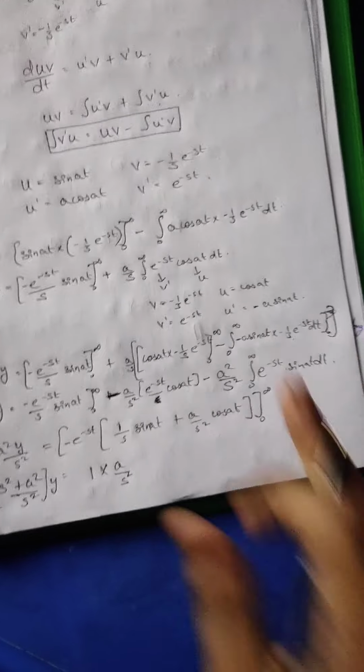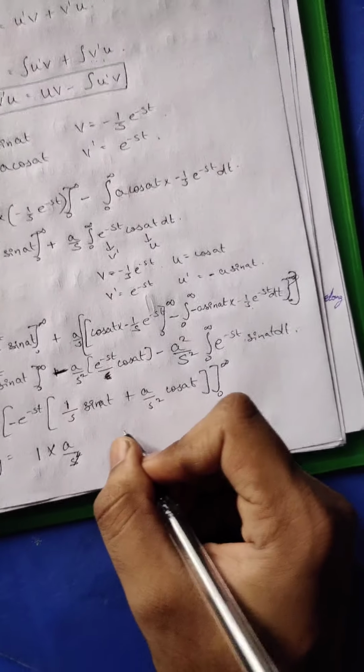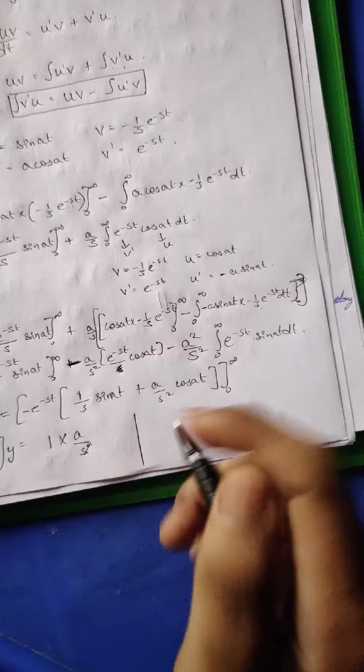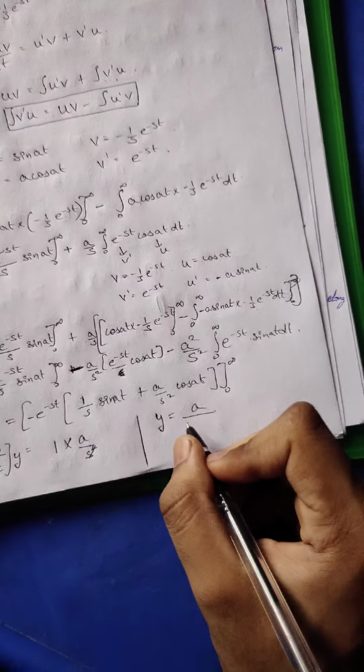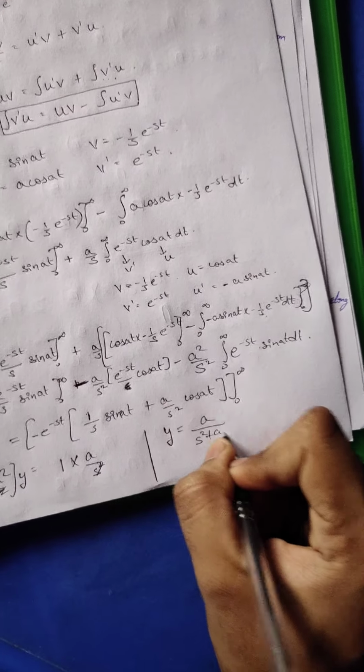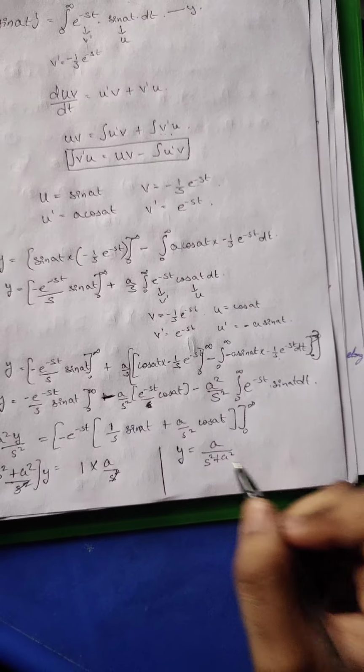Now as you have s square over here, cancel this out, and now all you have is y equals a divided by s square plus a square. Now this is the Laplace transform of sine of at.